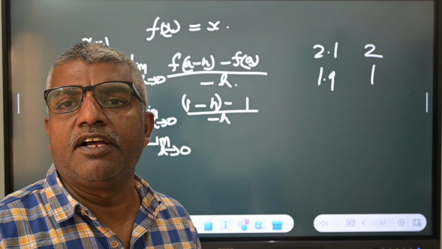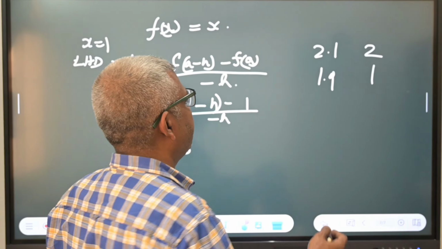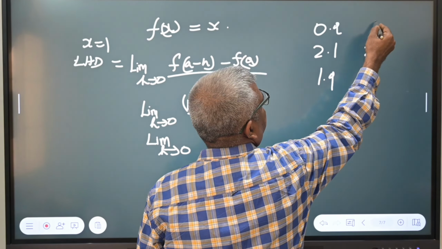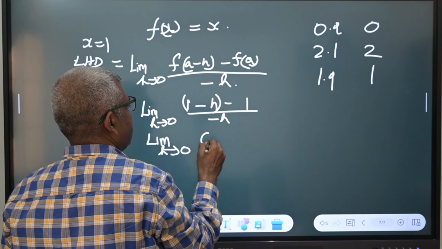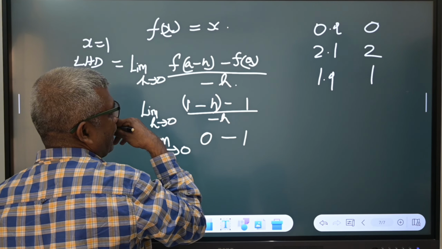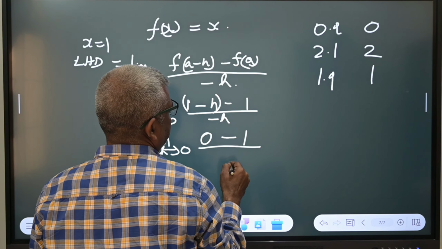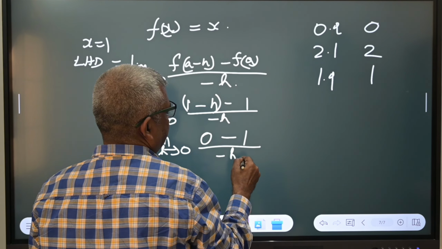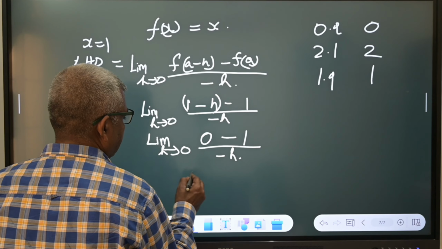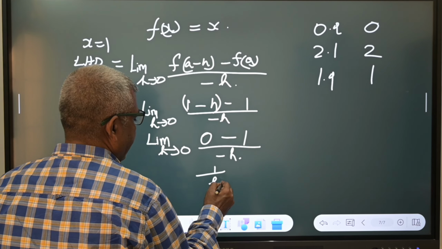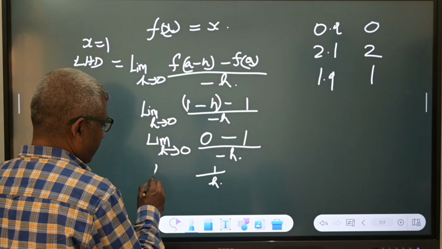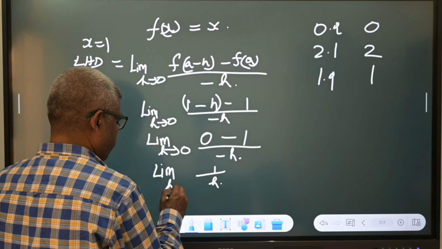Then 1 minus h is 0.9, and always we have to see the left hand side. So the greatest integer is 0. So 0 minus 1, divided by minus h. So 1 by h, as h tends to 0, will be infinity.